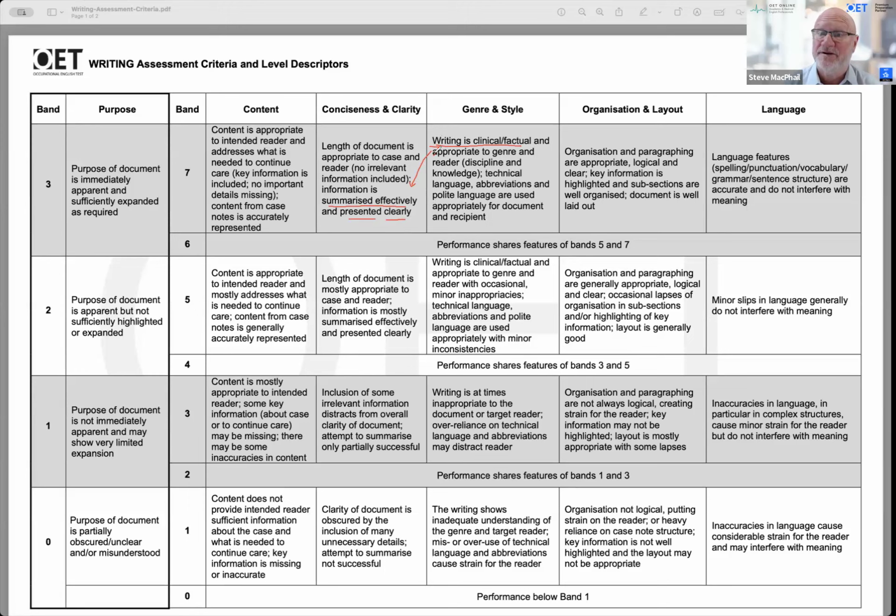Now, you're going to need some technique and good vocabulary in order to do this. So the two big areas that we're looking at when we try to formalize our writing are conciseness and clarity, and genre and style.